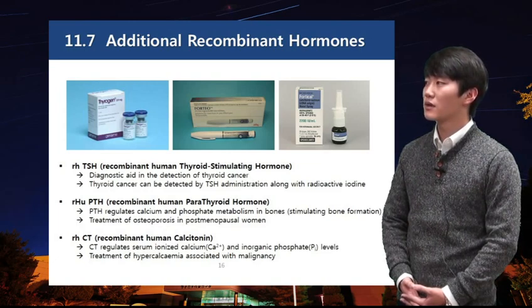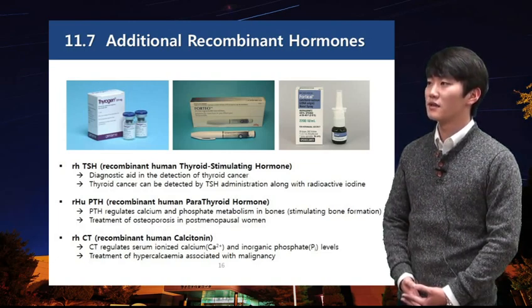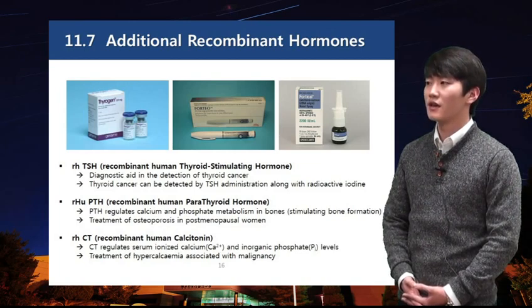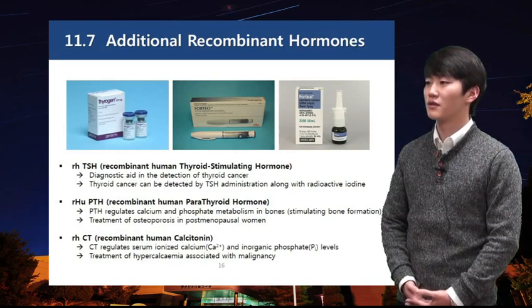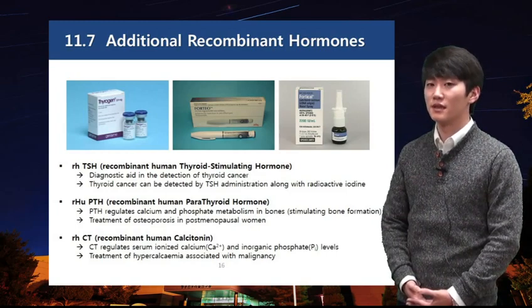Lastly, calcitonin is a hormone which plays a central role in regulating serum ionized calcium and inorganic phosphate levels. It is approved to use clinically to treat hypocalcemia associated with some forms of malignancy.